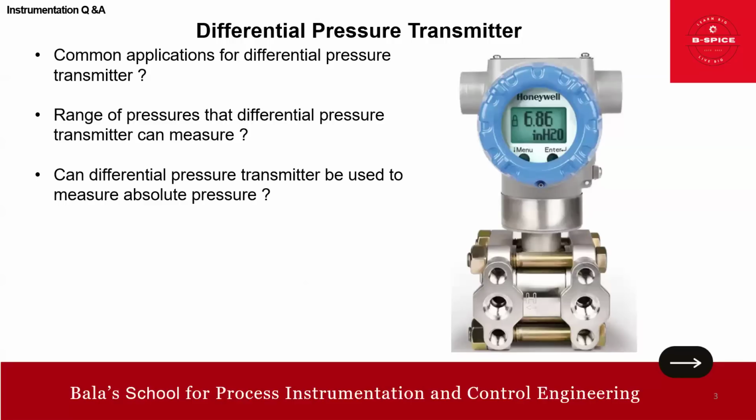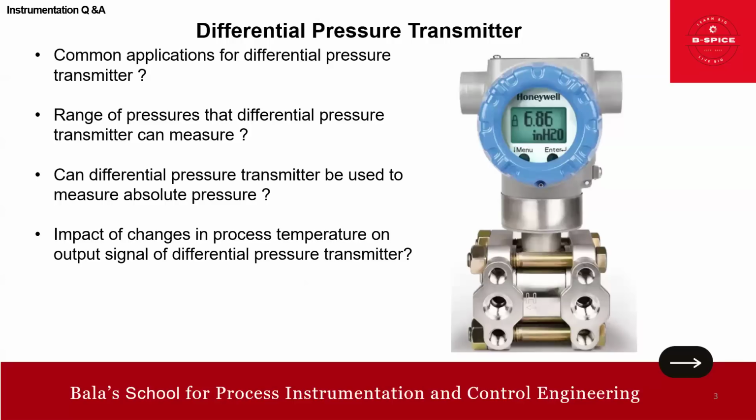However, if one of the points is a known reference pressure, like vacuum, then the absolute pressure at the other point can be determined. So the point to note is it cannot measure absolute pressure directly. But the straightforward choice is the pressure transmitter, not the differential one.